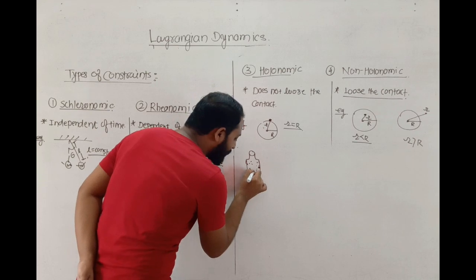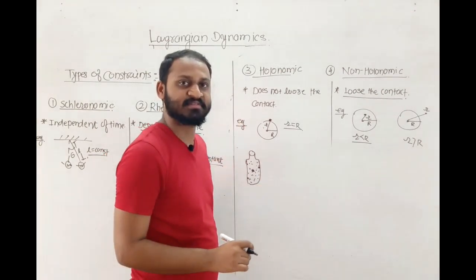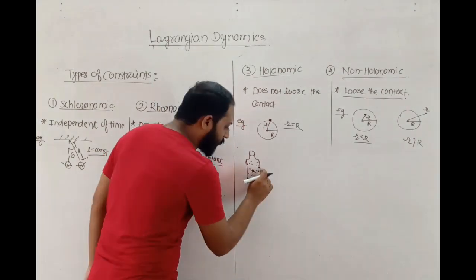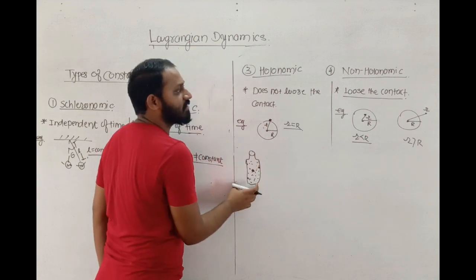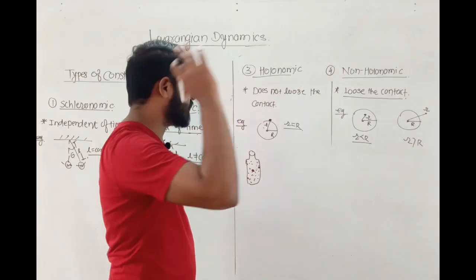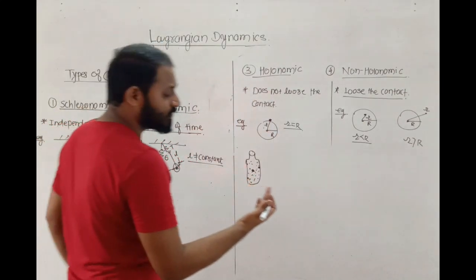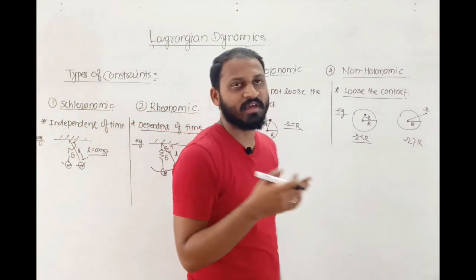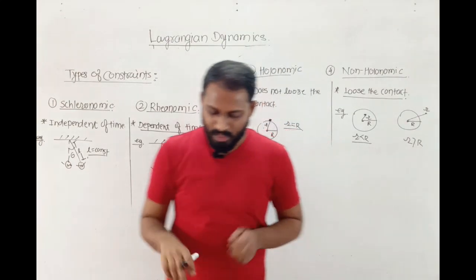But if the particle is in the center, which is not in contact with any surface of that bottle, then that type of constraint is a non-holonomic constraint. और भी इस कंस्ट्रेंट के कुछ टाइप्स हैं, जैसे कि कंजर्वेटिव और नॉन कंजर्वेटिव, तो ये आप देख लेना.